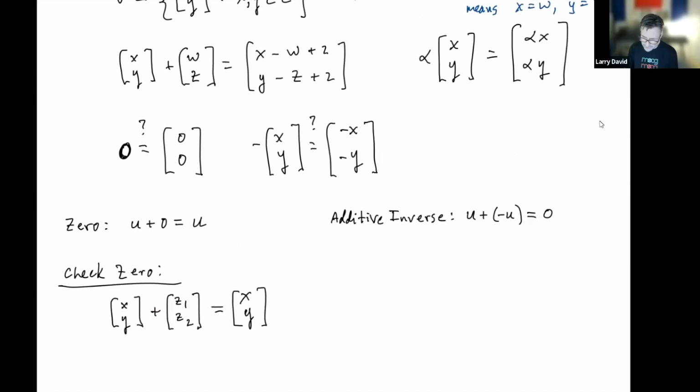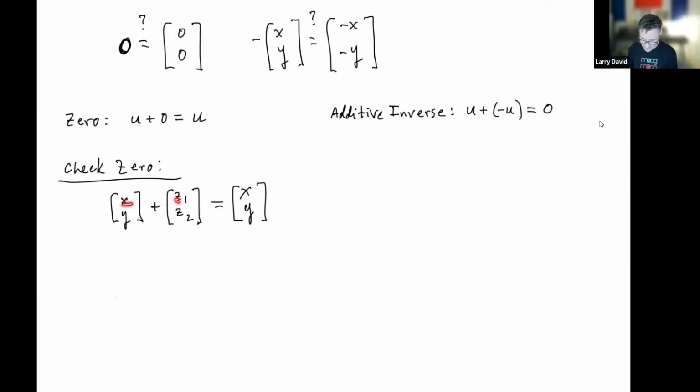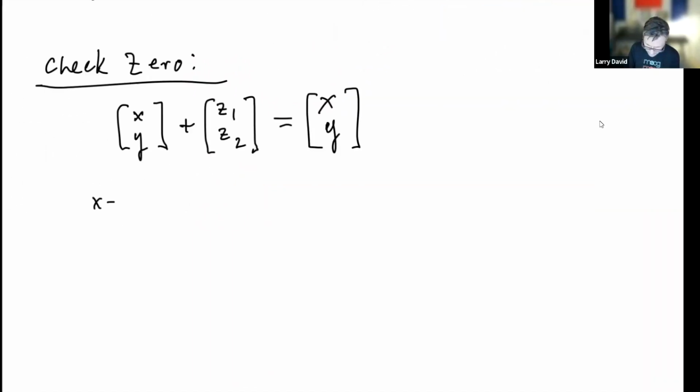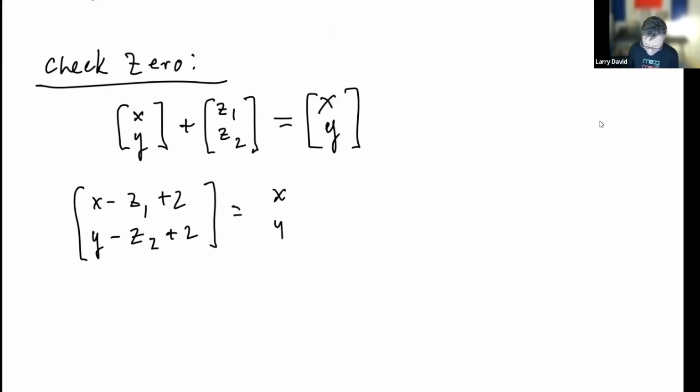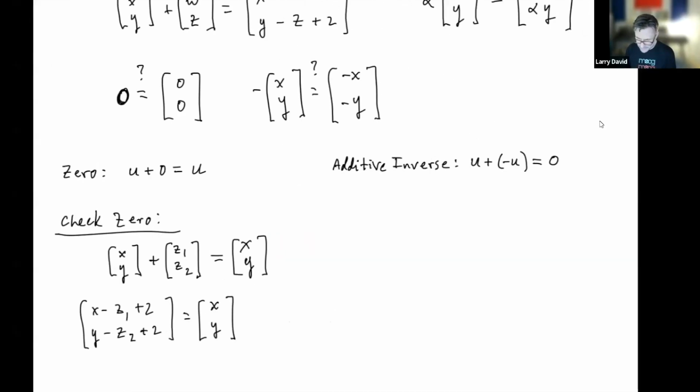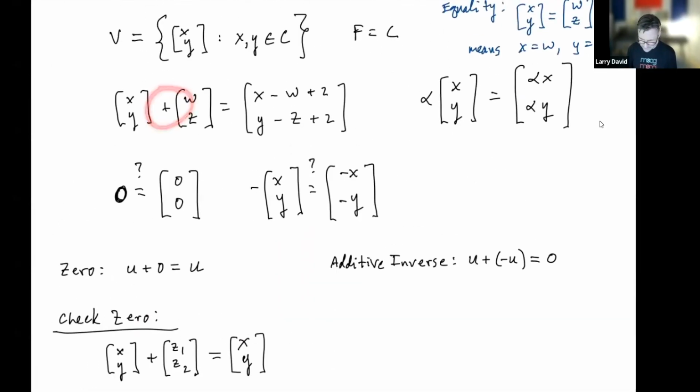All right, so here's our definition of vector addition, and I'm just going to do this to it. So I'm going to do x minus z1 and add a 2, and y minus z2. And the right-hand side stays the same. All right, so we used the definition of addition.